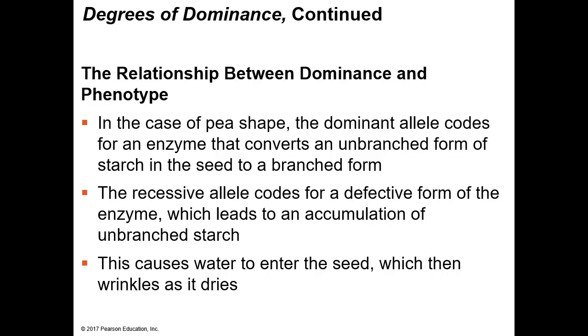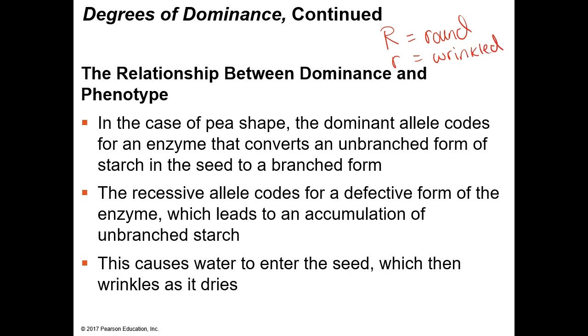Next, we will look at an example of the relationship between dominance and phenotype. In the case of pea shape, the dominant allele codes for an enzyme that converts an unbranched form of starch in the seed to a branched form. So again, you remember capital R was round, that's the dominant allele, and lowercase r was wrinkled for the peas.